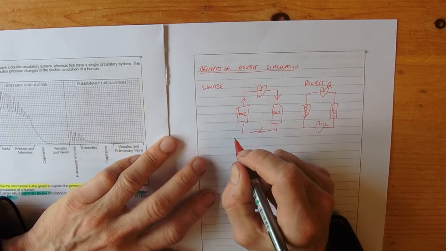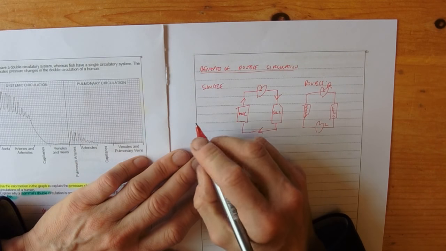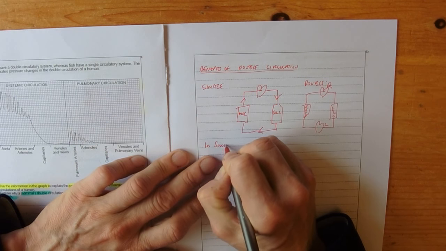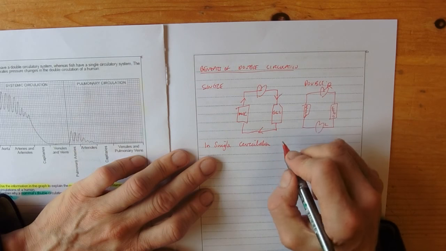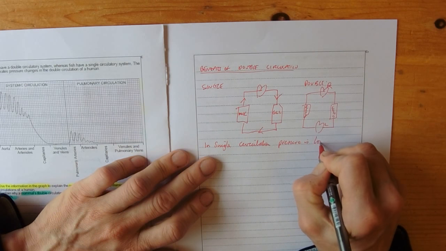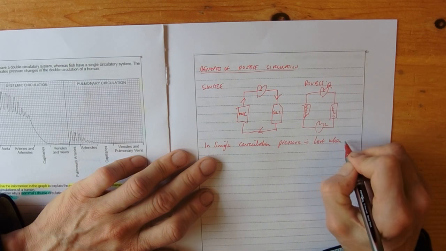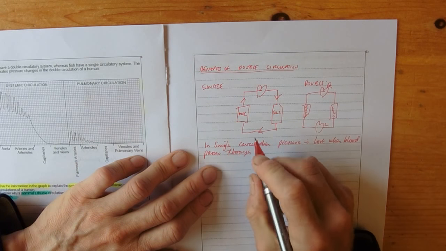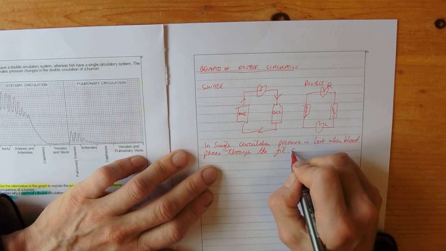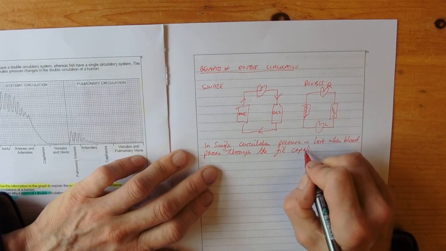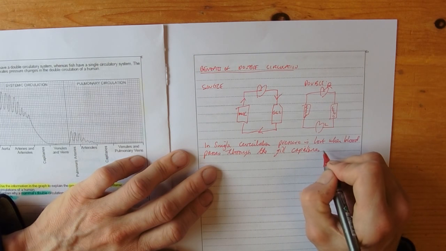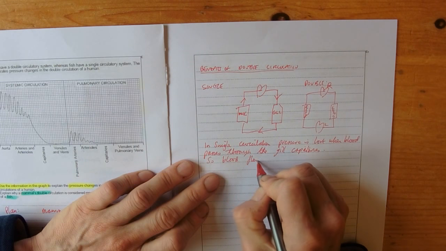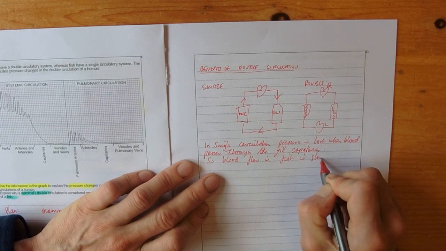So a description of those, and then so pressure in single circulation, pressure is lost when blood passes through the gill capillaries, and this makes it all slower. So blood flow in fish is slower.